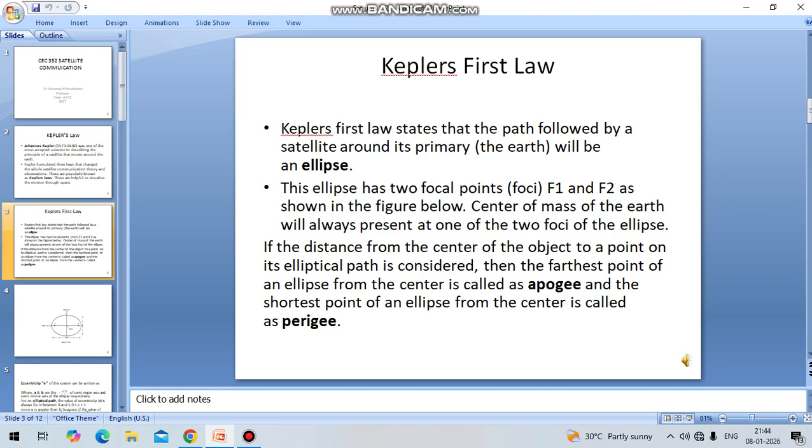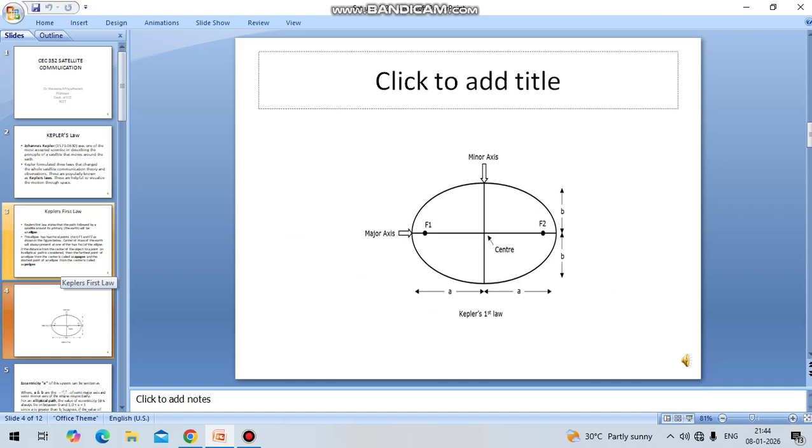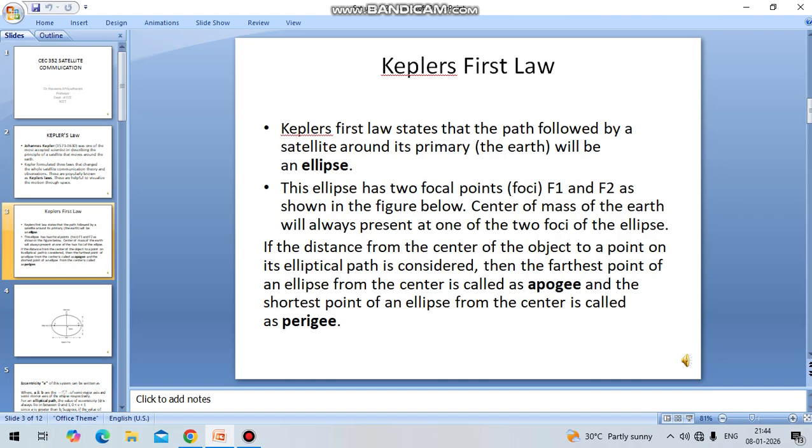From the definition, the ellipse has two focal points, indicated as F1 and F2, as shown in the following figure. The center of mass of the Earth, the larger body, will always be at any one of the focal points.